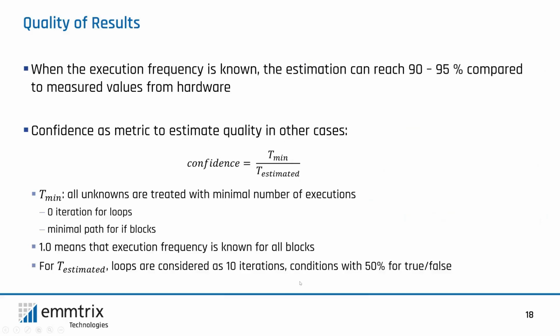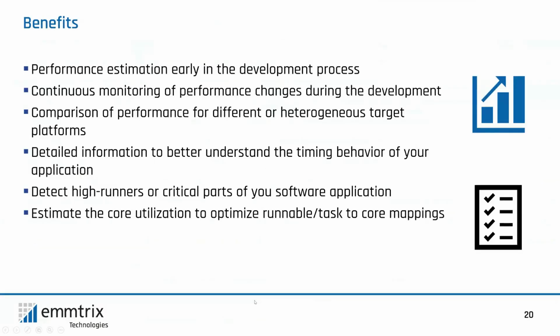So the benefit of this approach is that we can really do it very early in the development process. We can even provide ways to do continuous monitoring of the performance changes. So you can track how the performance changes during the development. If you make changes to the source code, what is the impact on the actual timing?